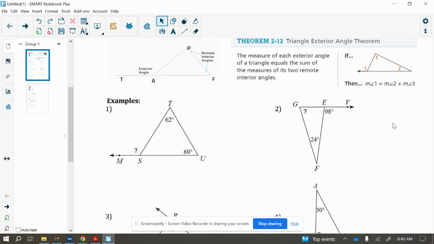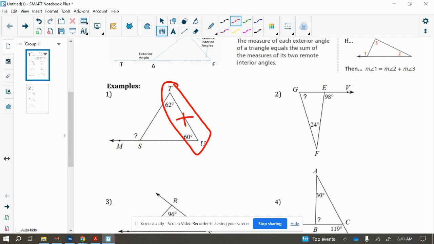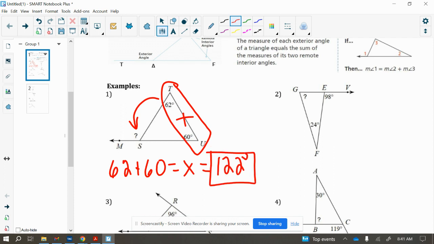So if we look at some of these examples, we identify in this one our two remote interior angles over here are T and U. We can add them together and they will give us the measure of our exterior angle. So 62 plus 60 will give us the measure of the exterior angle. So in this case, that is 122 degrees.